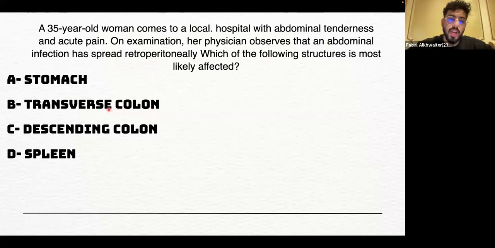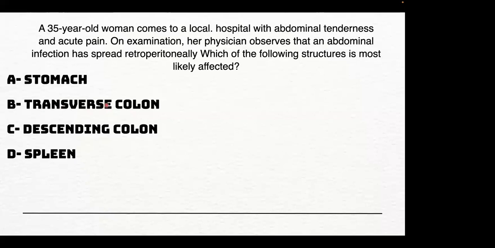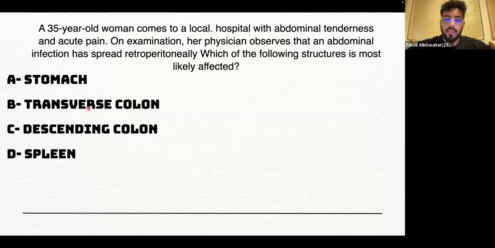But what if I had the ascending colon instead of the transverse? The ascending colon would also be correct, because it's retroperitoneal. It's not entirely covered. So see, the ascending is retroperitoneal. The transverse goes out a bit and becomes intraperitoneal. It's covered from all sides.